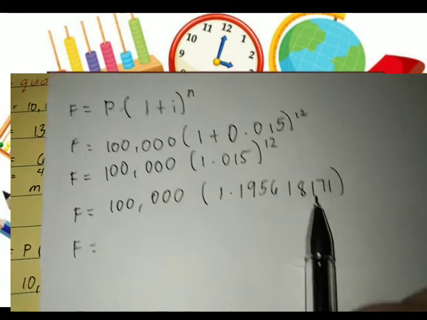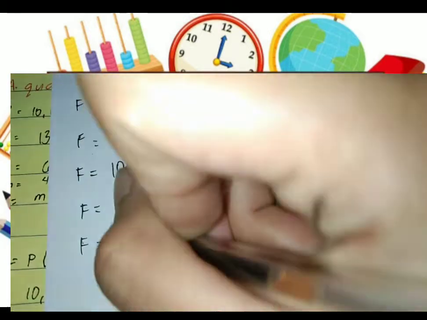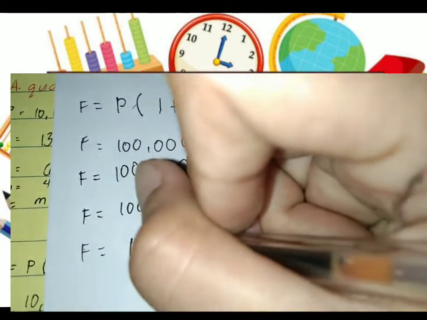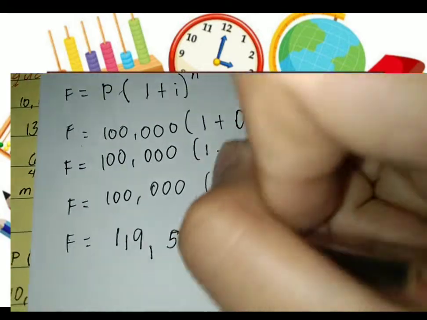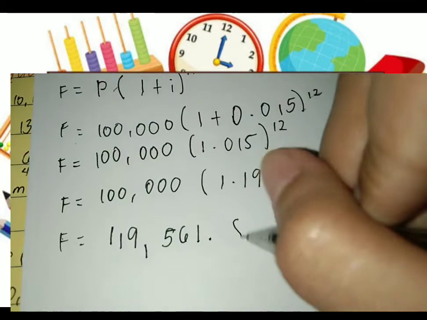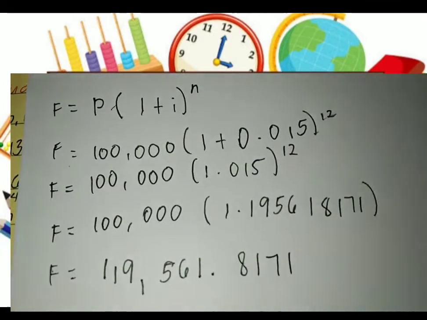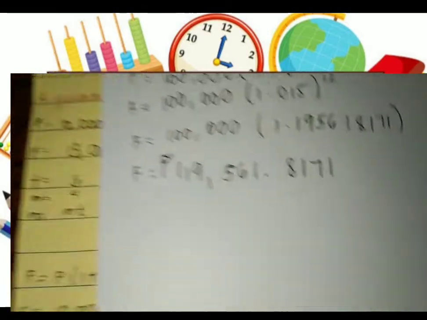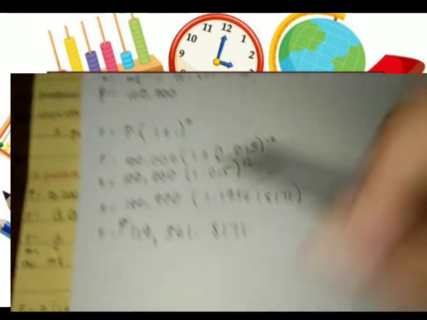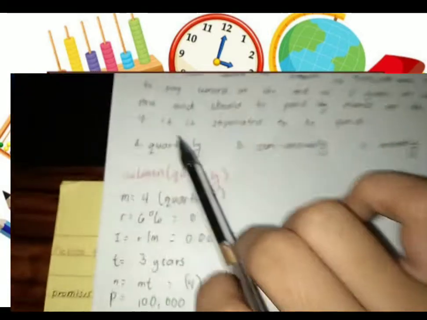So if we multiply it by 100,000, the answer is 119,561.8171 pesos. So this is our solution and answer in quarterly.